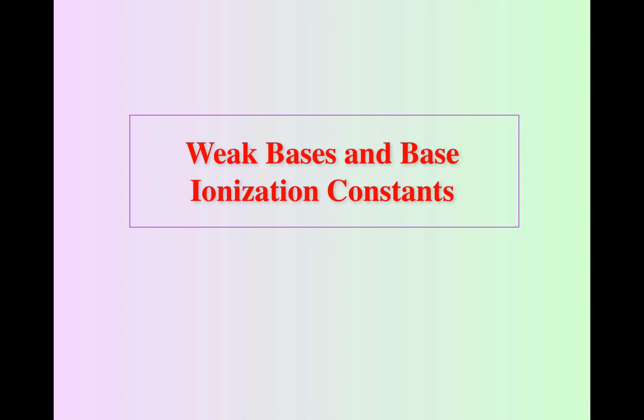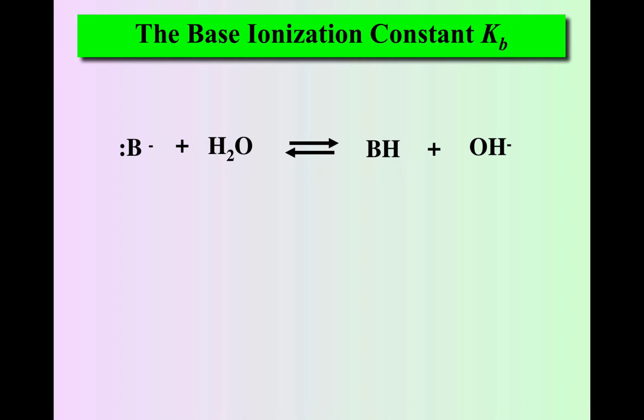All right, weak bases and base ionization constants, Kb values. This is a measure of how strong a base is. So we have a weak base, and just like Ka values, these are less than 1. So I have some sort of anion that is the conjugate of a weak acid. How much does it react with water to produce hydroxide, right? Water is going to be the acid.